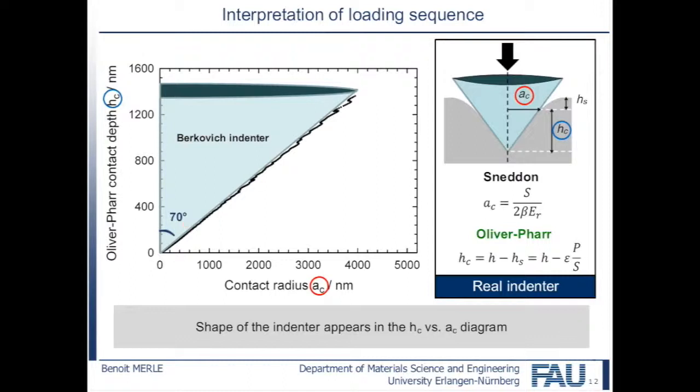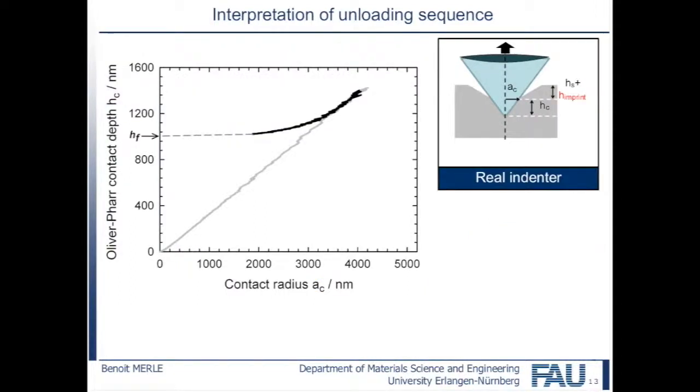So now let's turn to the unloading sequence. Here the situation is a bit different because after a certain point, when we remove the indenter, the residual indent will emerge from the side of the indenter. So this band of material, which is represented here above the contact depth, is not the elastic sinking any longer.